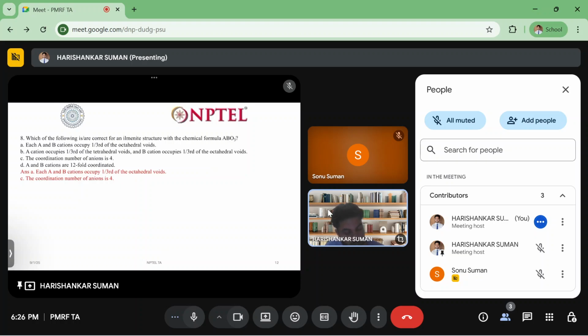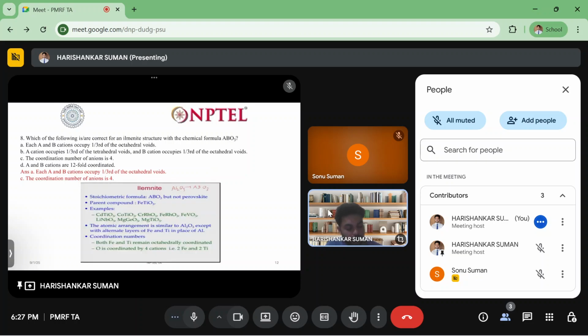Each A and B cation occupies one third of the octahedral holes. The coordination number of oxygen is 4, as we discussed. Examples are cadmium TiO3, cobalt TiO3, chromium RhO3, FeRhO3, FeVO3, LiNbO3, like that.